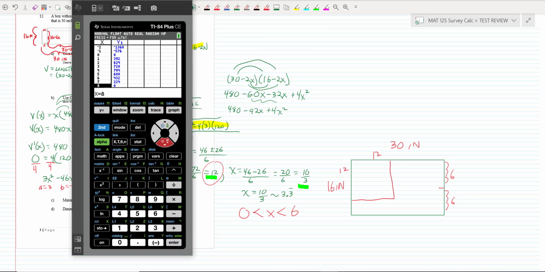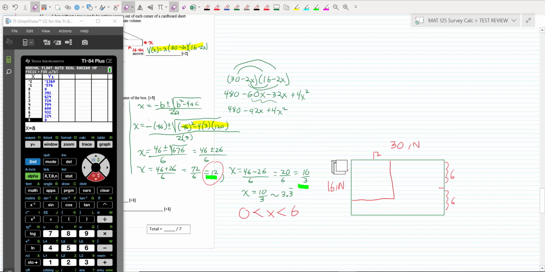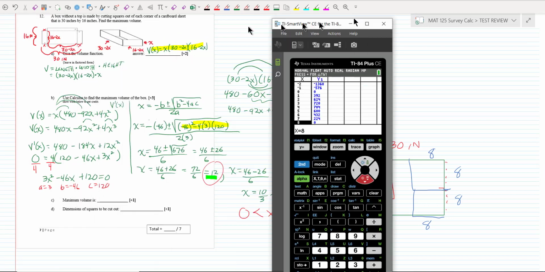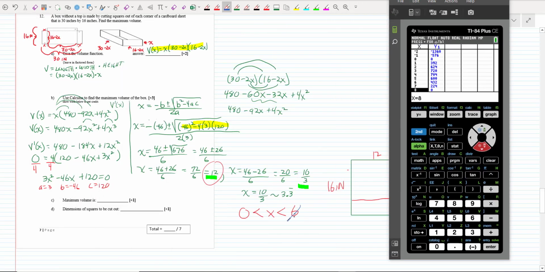You guys maybe are laughing at me on this one, or you just didn't catch it either. So the idea is, if this is 16, half of that would be 8. If you cut out two 8 by 8 squares, then you wouldn't be able to make a box, and the problem doesn't make any sense once you get past 8. Okay, so sorry about that. That should have been an 8.